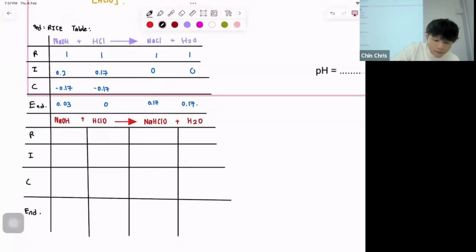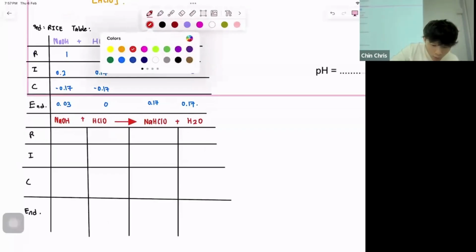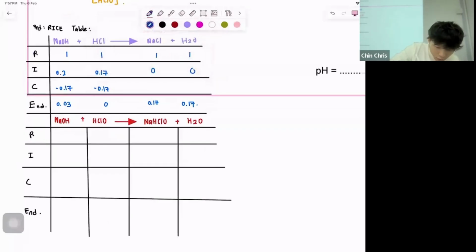So the ratio is 1, 1, 1, 1. What is the NaOH left? 0.03. Guys, don't put 0.2. That was the amount initially, before reacting with HCl. HClO is still 0.17. Correct. All right, guys, next.